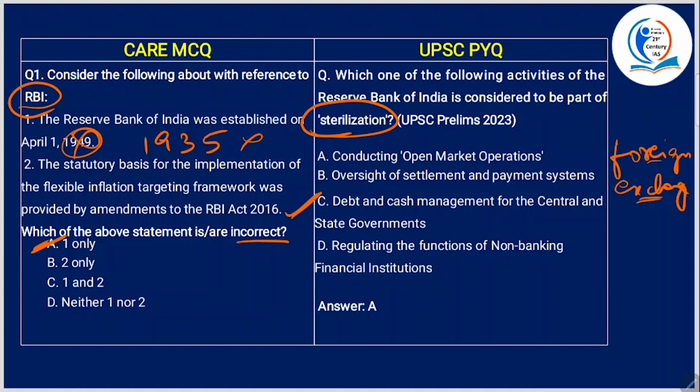Okay, it is done to neutralize the impact of inflows and outflows of foreign exchange reserves on the domestic monetary system. Are you getting my point? So that is sterilization. Now, what are they asking? Which of the following activities are considered to be a part of sterilization?